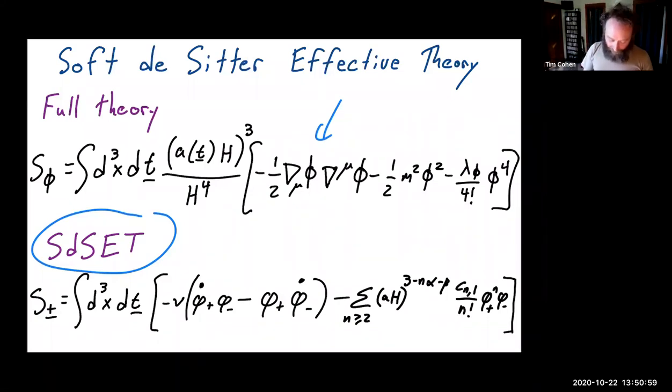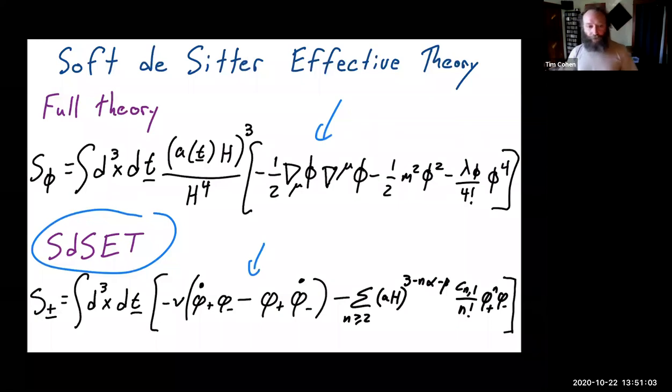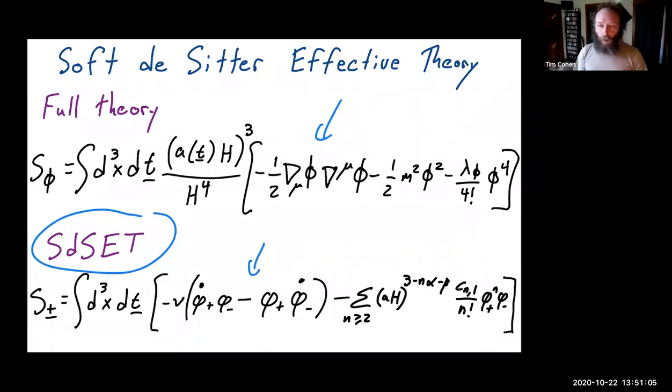The soft de Sitter effective theory is built out of slightly different degrees of freedom, which I'll define in just a moment. But the kinetic term is linear in time. Okay, so we're going to need these two degrees of freedom, phi plus and phi minus, which for anyone familiar with this literature will recognize as the growing and the decaying modes that come from solving the free equation here.